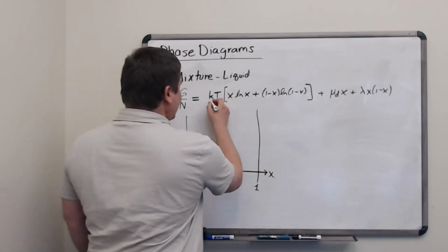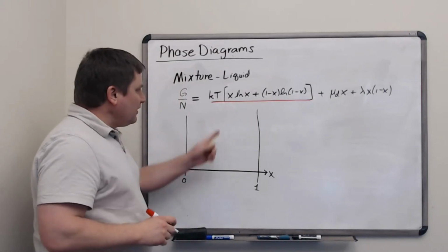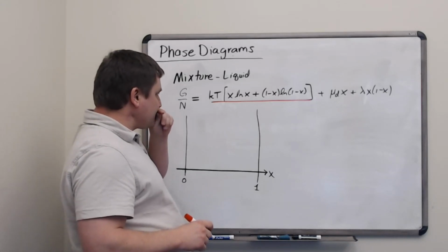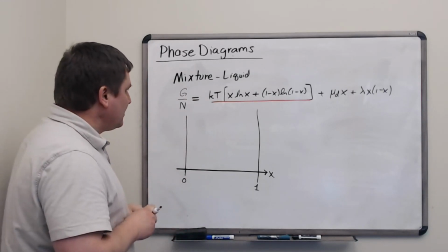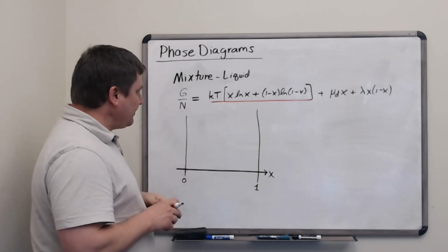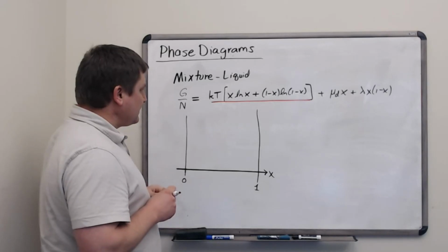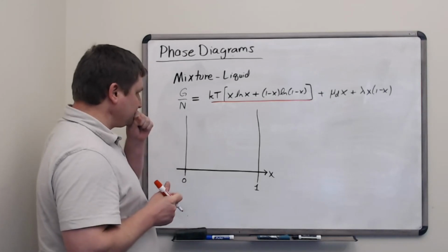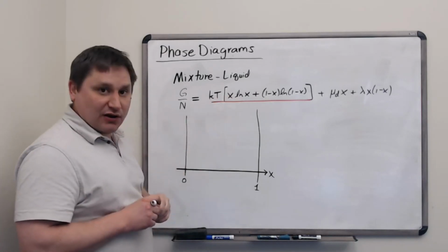And first let's draw this term here in red. So x log x, what does this really look like? Well, logarithm is negative and it goes up. And we got the x multiplying there, so this goes to 0 in the limit of x equals 0.